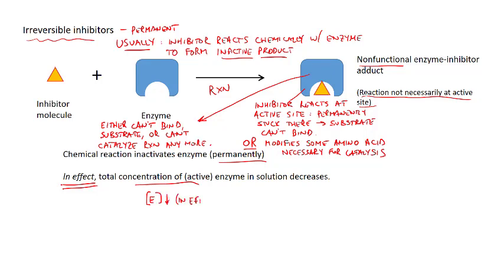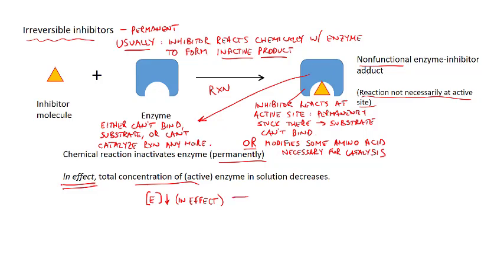Not literally, but if there's a big fraction of your enzyme that is non-functional, then for all practical purposes, it's as if that enzyme isn't even there, right? So in effect, the concentration of your enzyme in solution is going to decrease. Make sense? Hopefully it does.